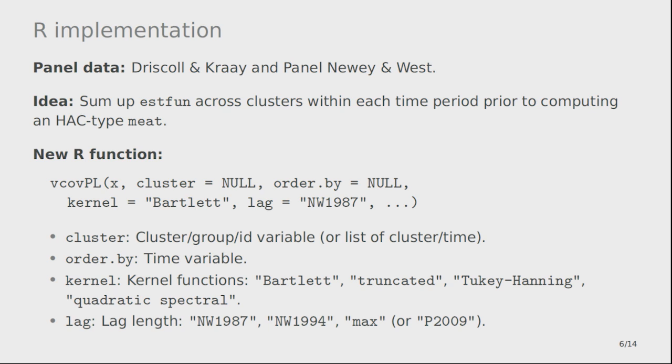We have again a cluster argument that allows you to specify a cluster or, closer to the panel context, a group or ID variable, and order.by declares a time variable. If only one of order.by and cluster is specified, then it is assumed that observations are ordered within the other variable. And the weights in the panel sandwich covariance are set up by means of a kernel function along with a bandwidth or the corresponding lag, and we offer different kernels and lags that are provided.